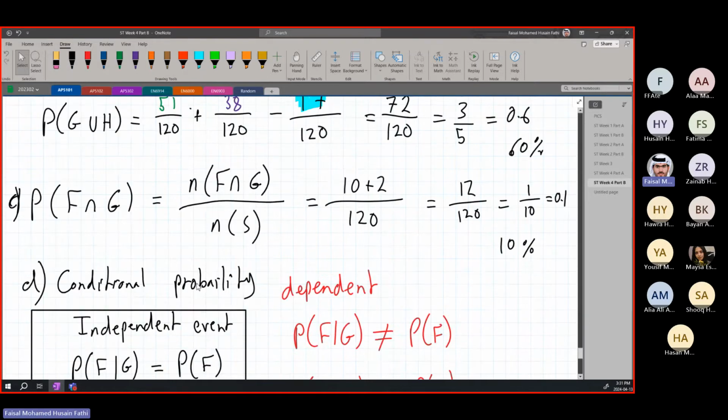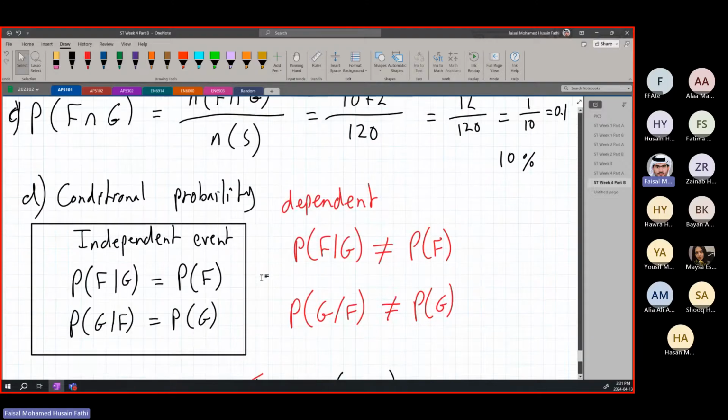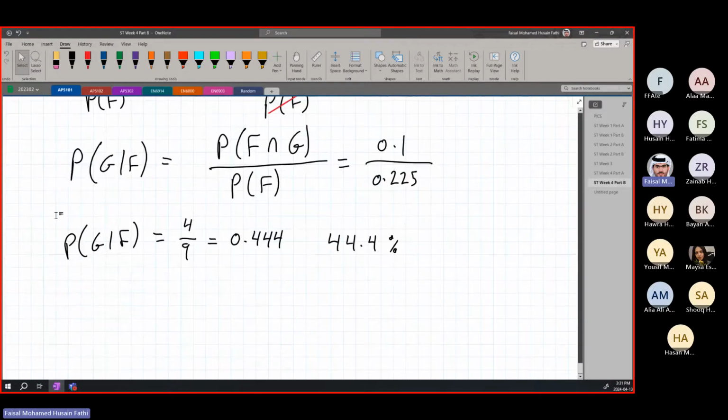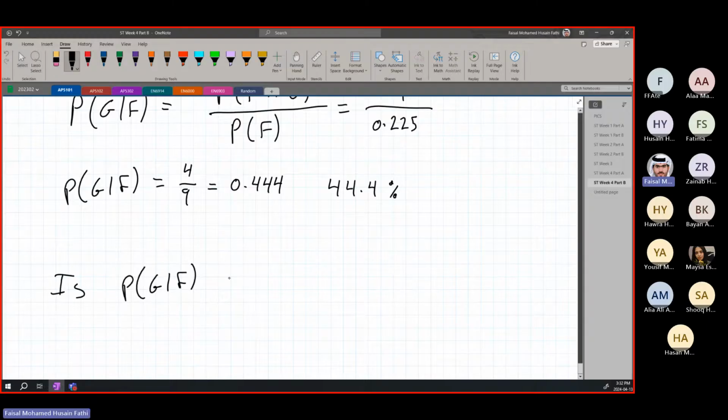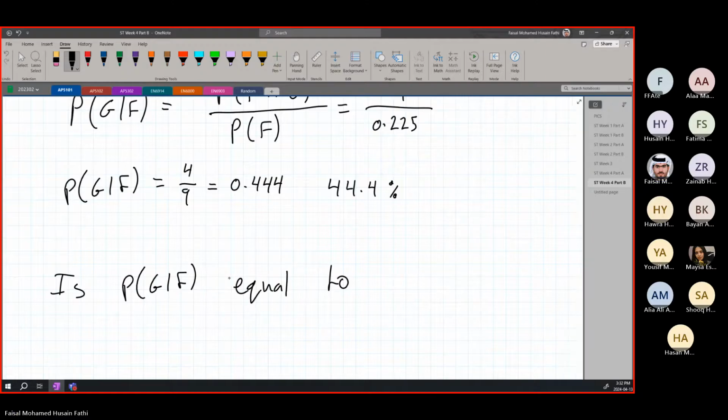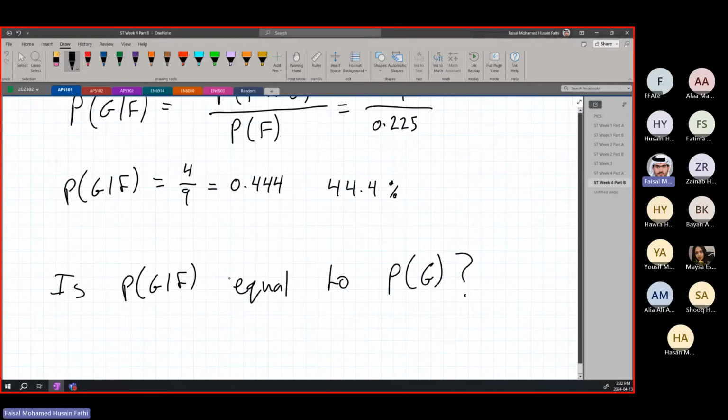Now, the question wants us to determine whether these are dependent or independent. How can we check? We have to ask ourselves, is P of G given F equal to P of G? This is the question we're going to ask ourselves. So what is the value for this? This is 0.444.